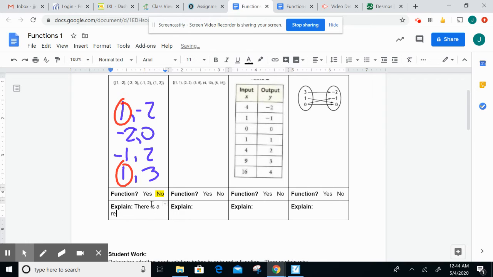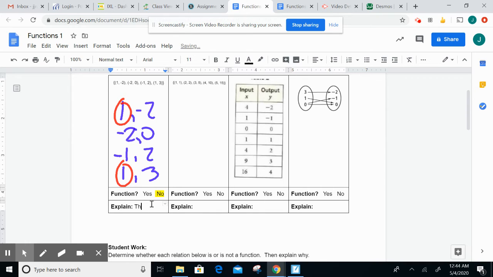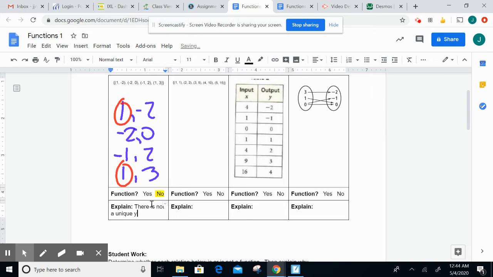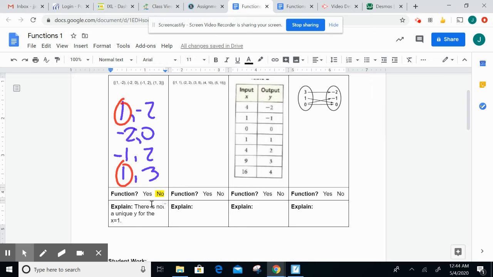What we want to say is that there is not a unique y for x equals 1. So for x equals 1, that's the problem. Make sure you identify the problem, which is 1. There is not a unique y, as in there are 2 y's for the 1.